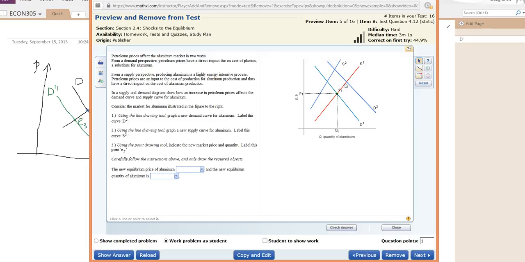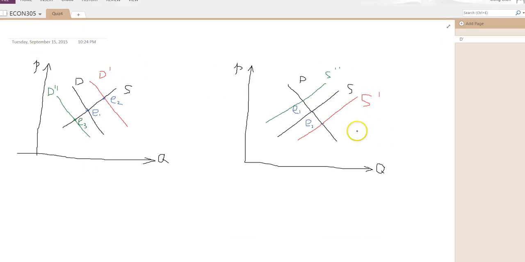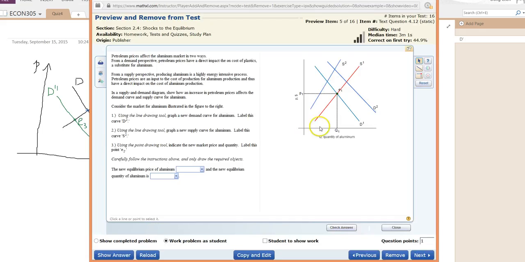If we have a negative supply shock, we should expect the price to go up and the quantity to go down. And if you only have a demand shock without a supply shock, we should expect the price to go up and the quantity to go up.